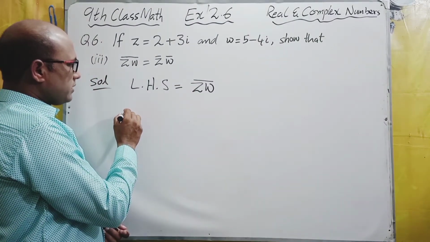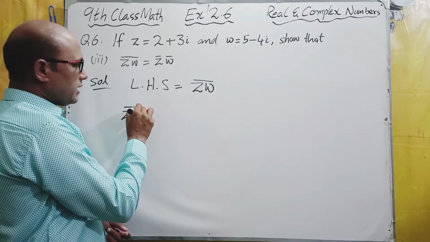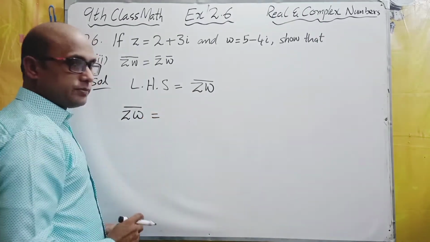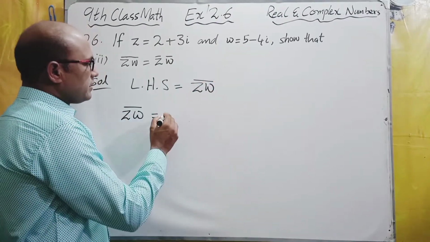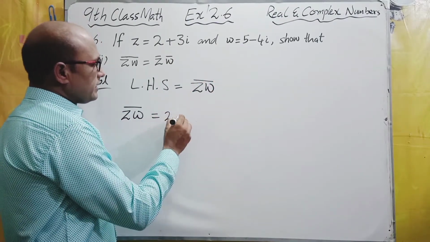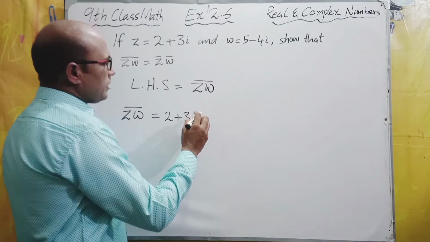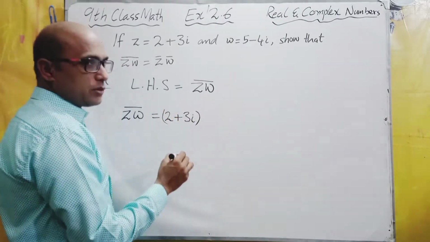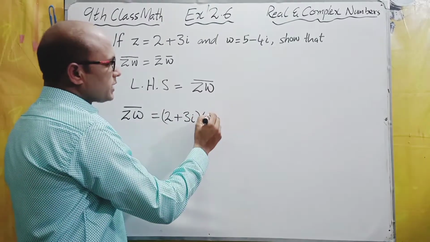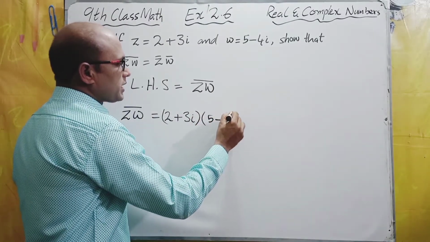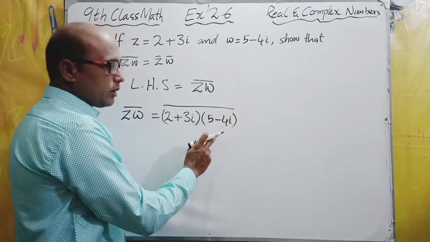Students, first of all, we'll write (z into omega) whole bar is equal to. By writing the values of z and omega, first one is z, value of z is 2 plus 3 iota, and we can put a bracket around them, into value of omega is 5 minus 4 iota, and there is a whole bar on both of them.